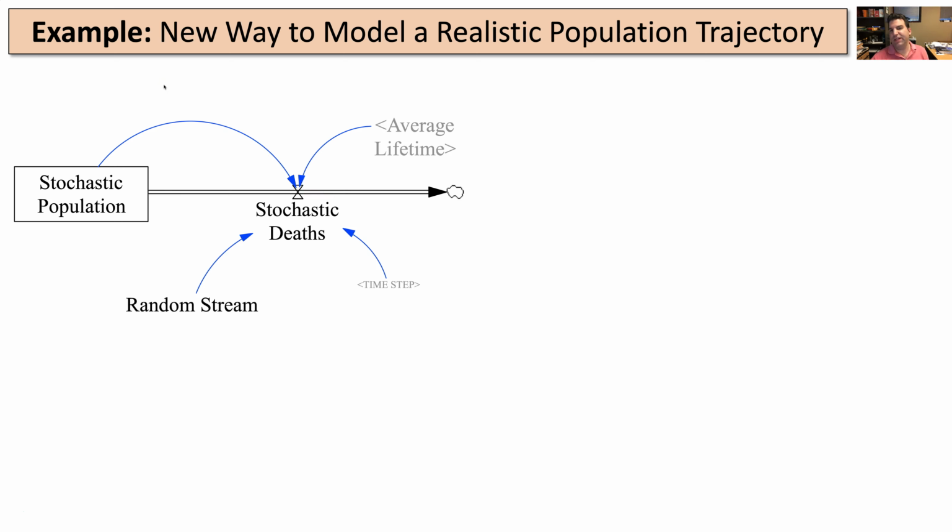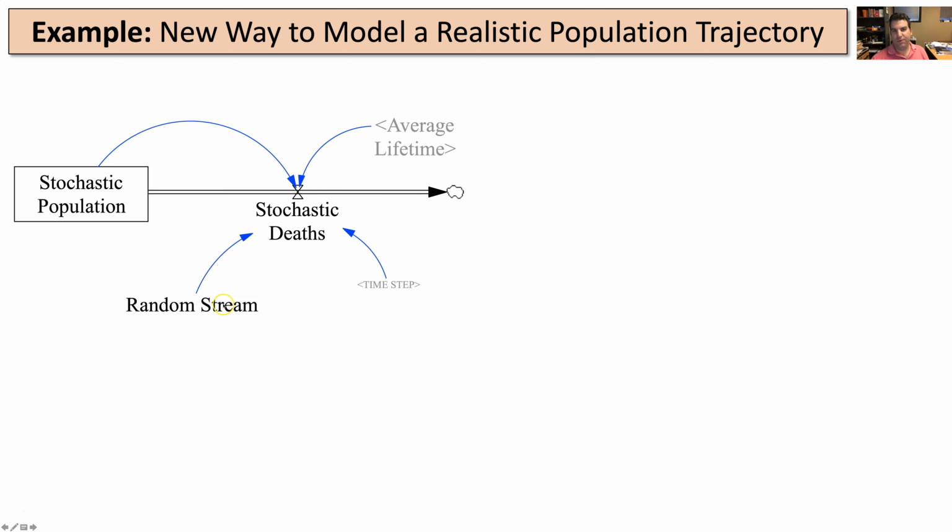Vensim and Insight Maker really aren't built for this type of stochastic modeling, and so we have to figure out a way to turn these discrete events into flows that can be simulated by these tools. And that's why it's going to look a little funny and maybe not as straightforward. That's the reason why this deaths flow takes the time step, the dt, as an input. And it also takes a random stream as an input.